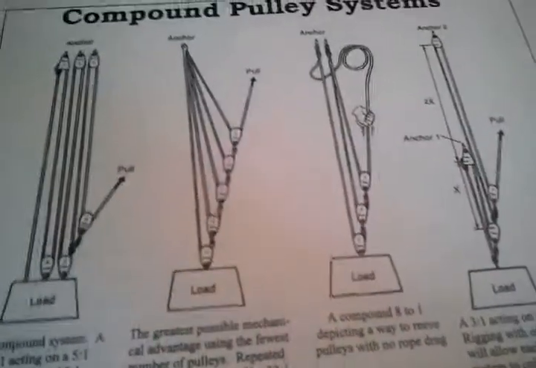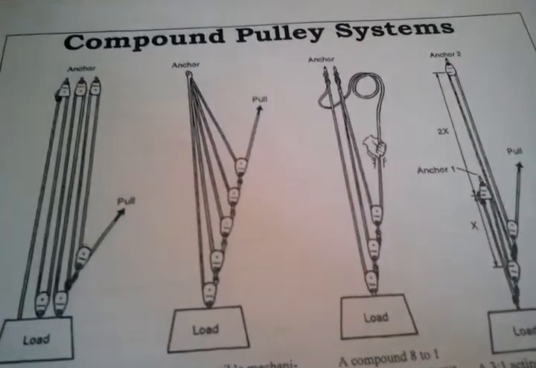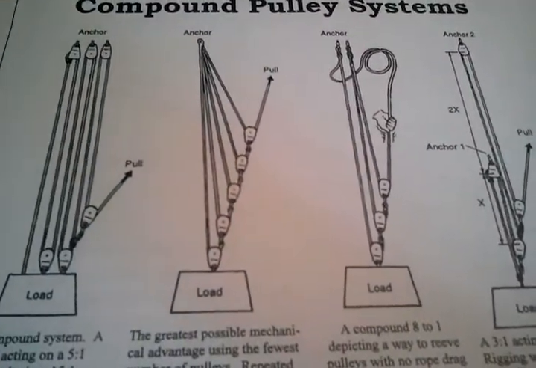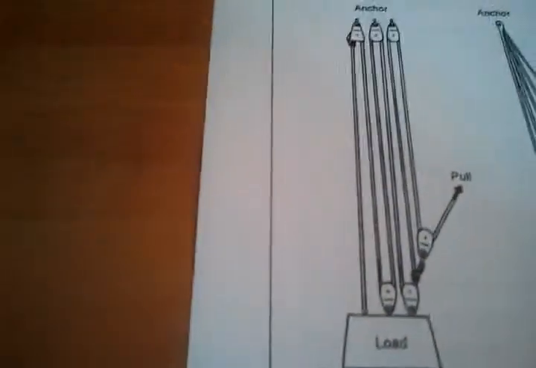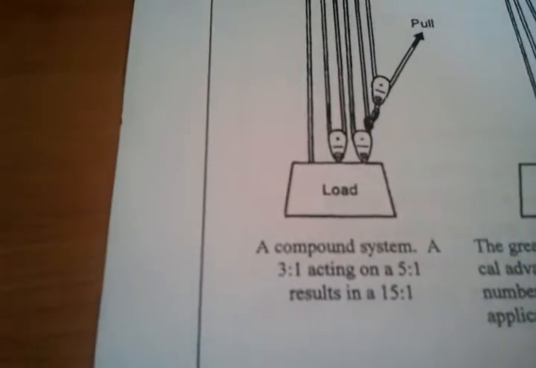Some of the basic rules are that it's always going to be the product of the individual pulley systems. For instance, here we have a compound system. It is a 3-to-1 acting on a 5-to-1, which results in 15-to-1.